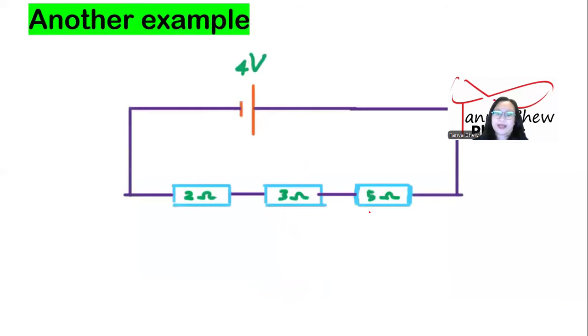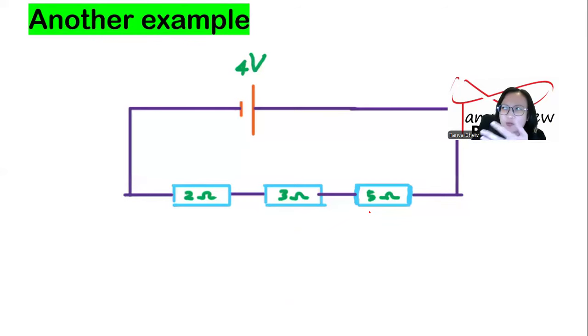Another example is the same cell, but now this cell is connected to 3 resistors. The positive terminal is connected to 5 ohm, 3 ohm, as well as 2 ohm before going back to the negative terminal. So, first of all, this circuit is a series circuit.